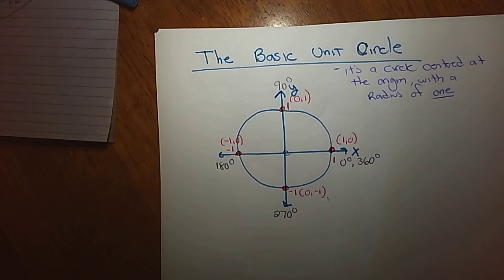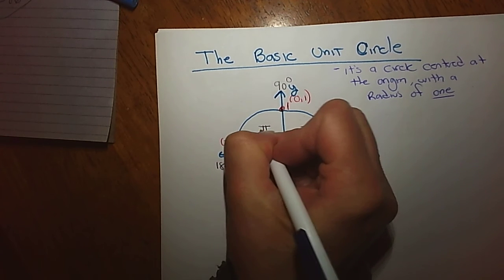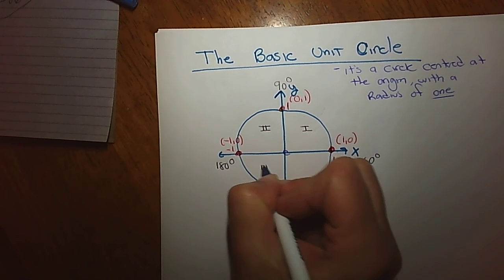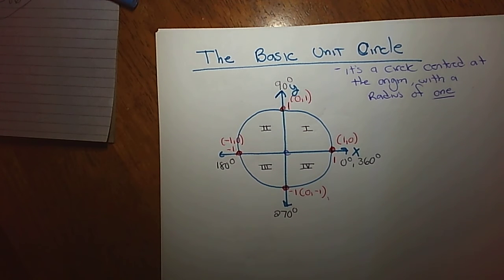We've also learned about the 4 quadrants, right? This is quadrant 1, 2, 3, and 4. Now why this is important to us is eventually we're going to draw triangles in here to create trigonometry.